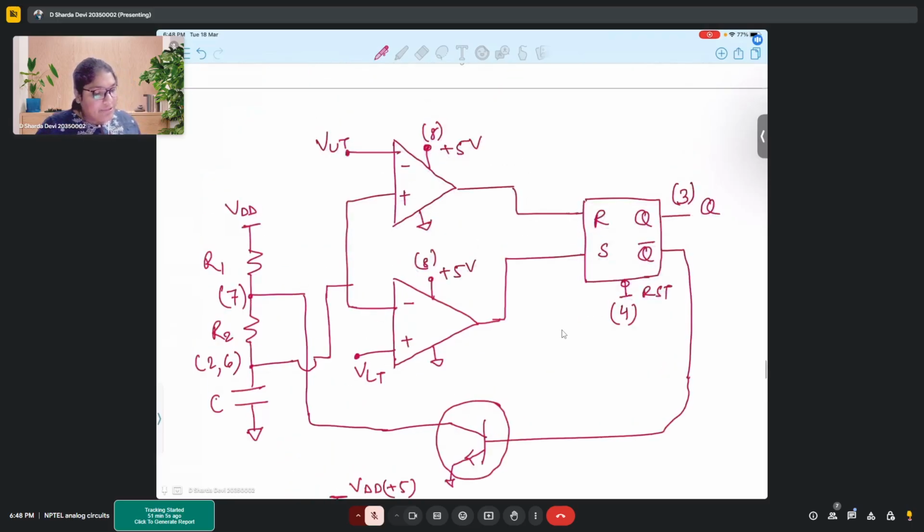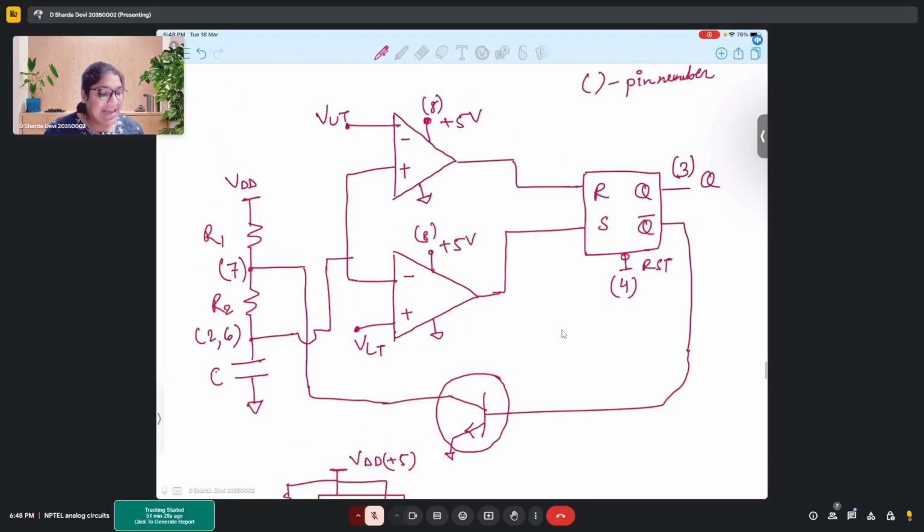Right. So this particular circuit that you are observing right now is the internal circuit of the 555 timer, and the numbers that you are seeing in brackets are actually pin numbers. So in brackets you have pin numbers.